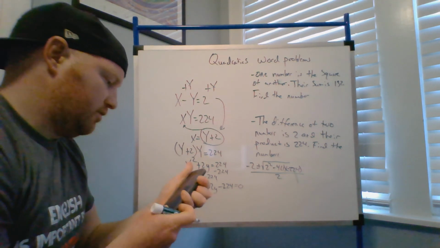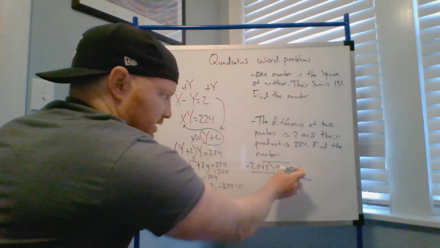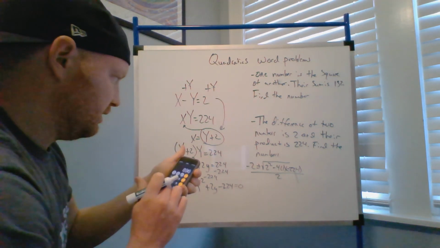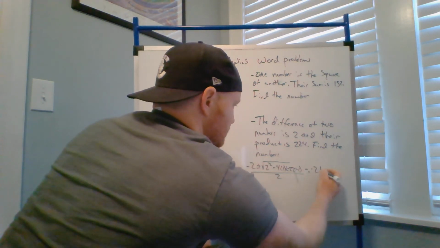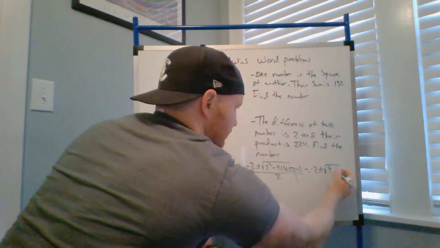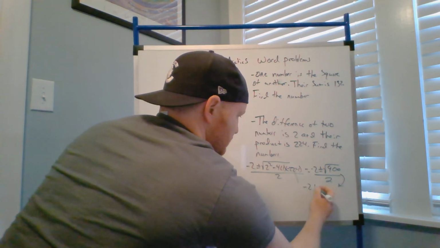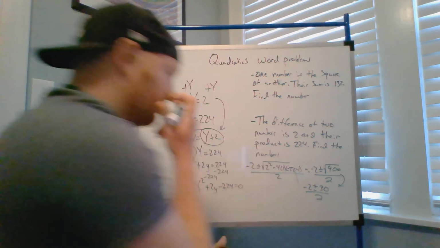This will be a positive product in here because it's negative times a negative. Times 224 plus 4, this is going to be negative 2 plus or minus the square root of 900 all over 2, which is negative 2 plus or minus 30 all over 2.